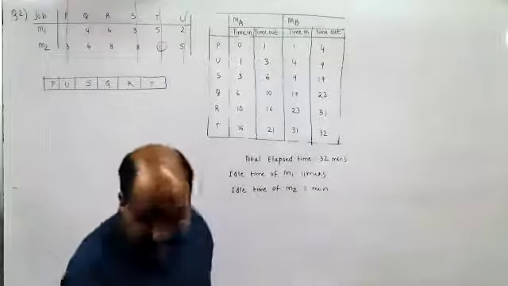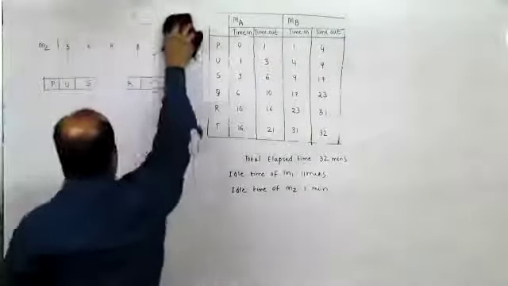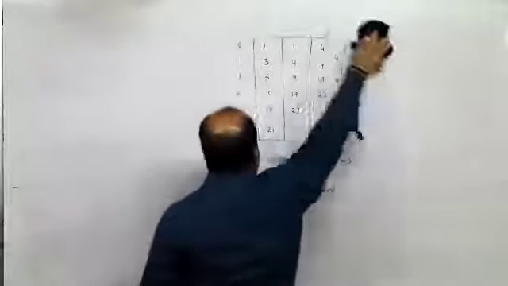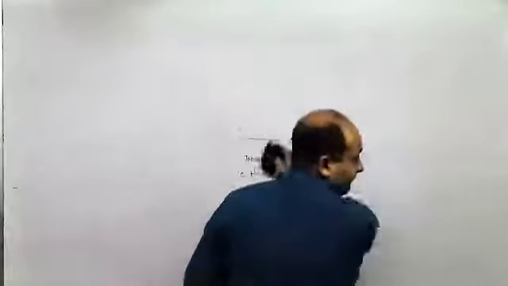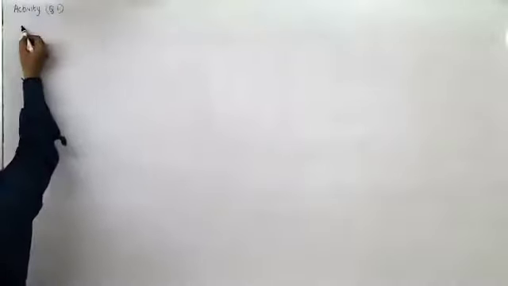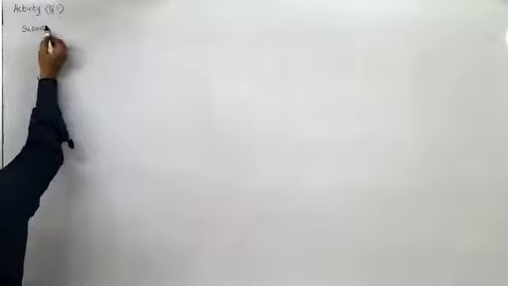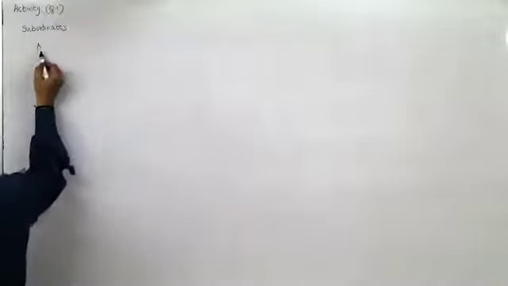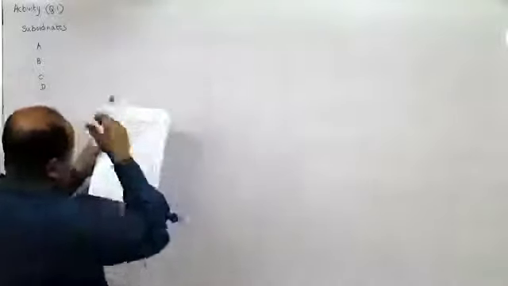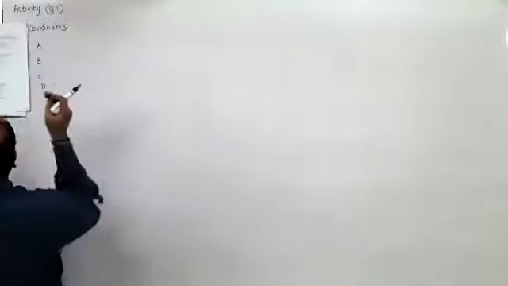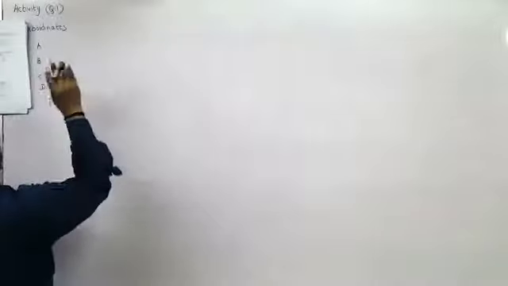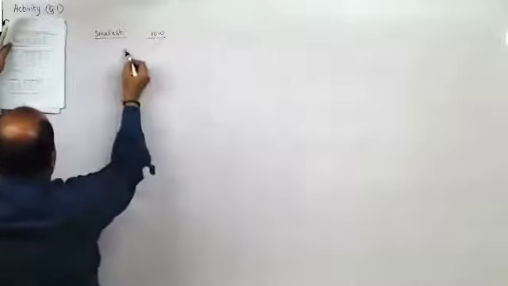Come to activity question number 1. Subtract the first one here, subtract the smallest element of each row from every element of that row.